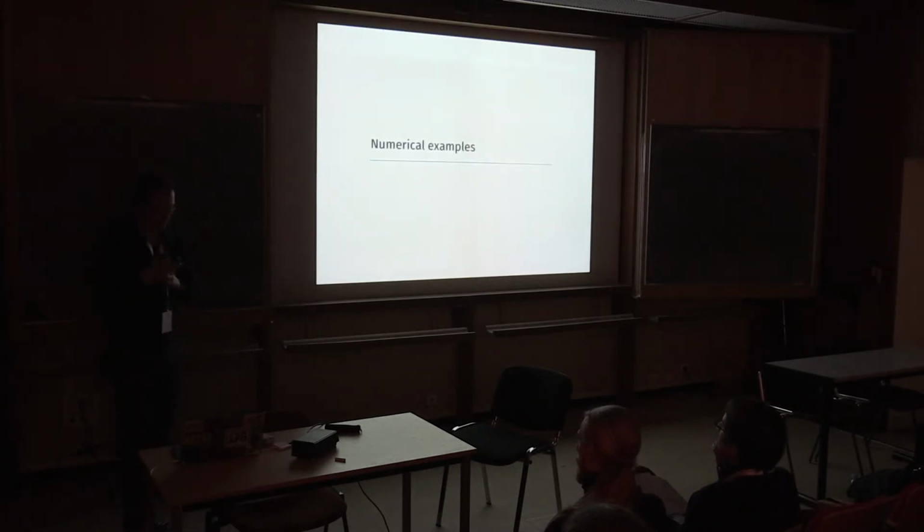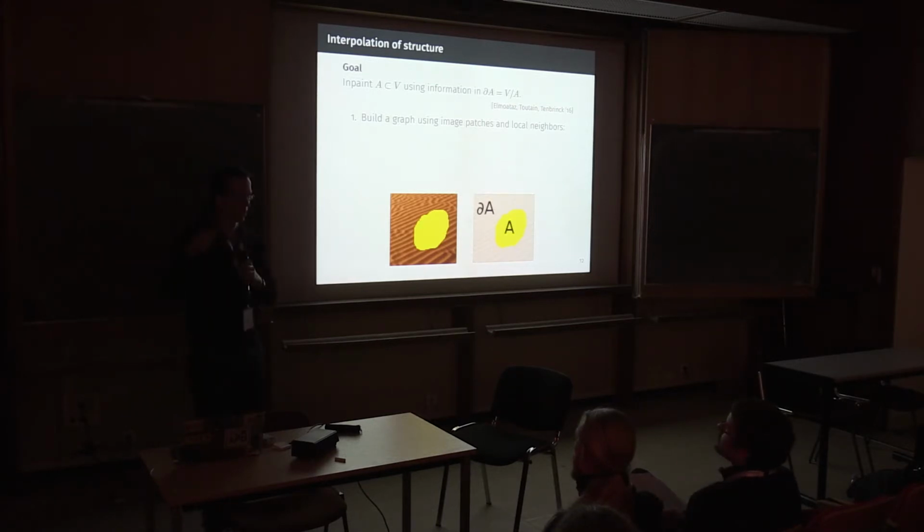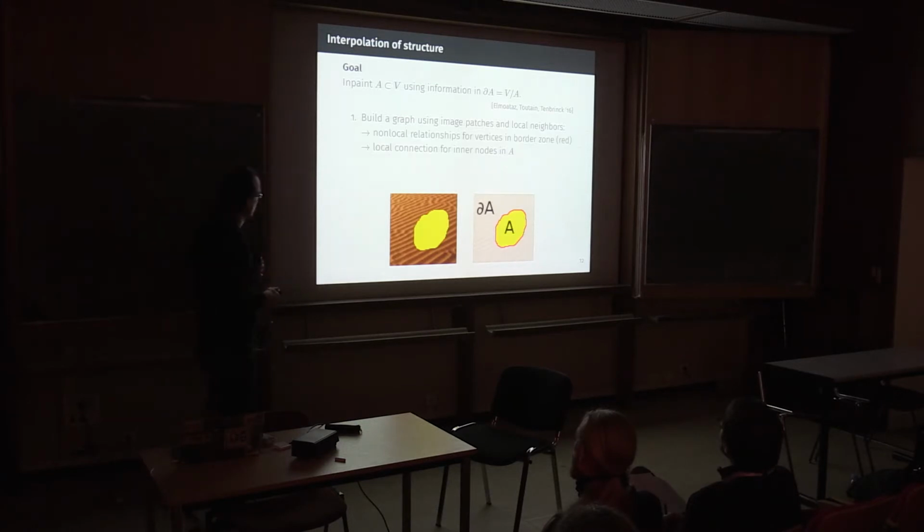So these are slides from Daniel. If we have a color image, it's easier to illustrate in a color image, and there's an area missing, then we take a graph where we take all local neighbors, the ones above, below, left, and right, and add patch-based non-local neighbors, so non-local relationships to look at the structure and the local ones to keep the connection in the image.